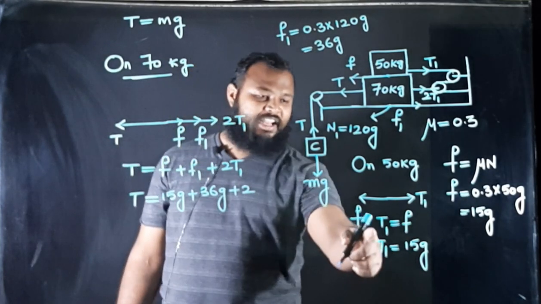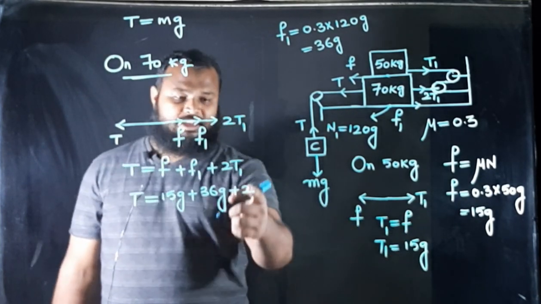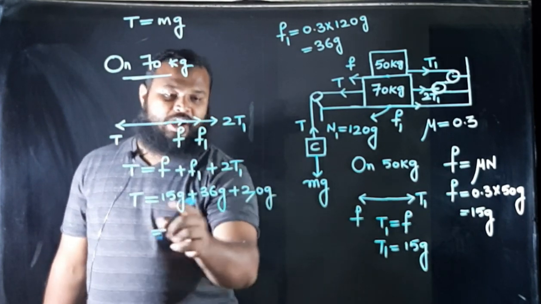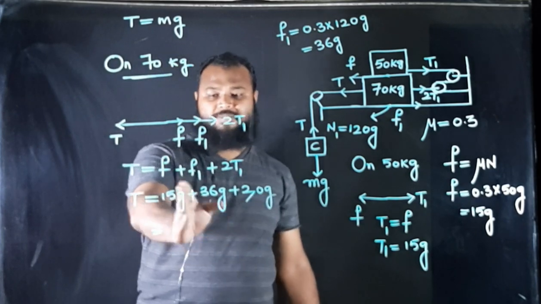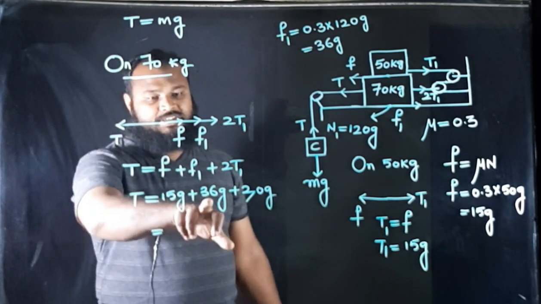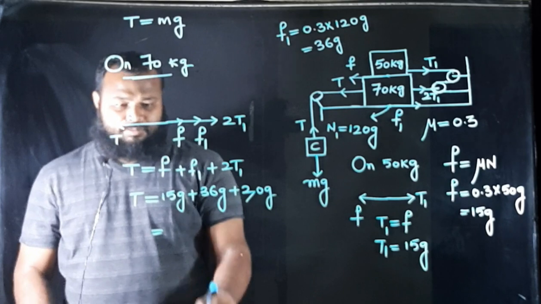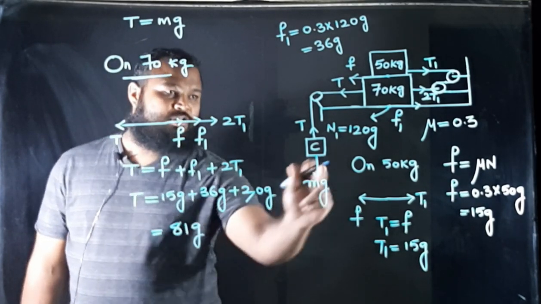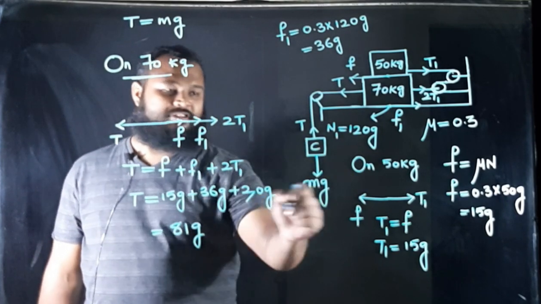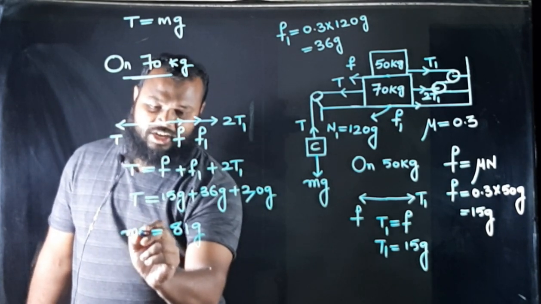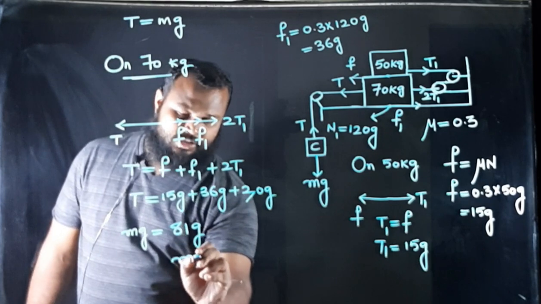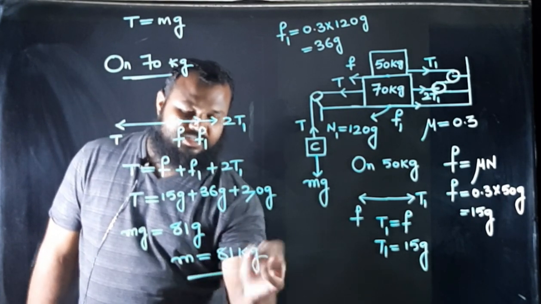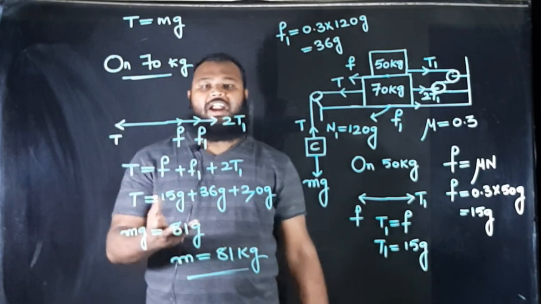T1 is again F, so T1 is 15g and double of that is 30g. If you add all this, 30g plus 36g plus 15g, that is 66 plus 15, 81g, the value of T. But we know T is mg for the balancing condition, so you can write mg here, and g gets cancelled. So the mass which has to be suspended so that the system remains at rest is 81 kg.